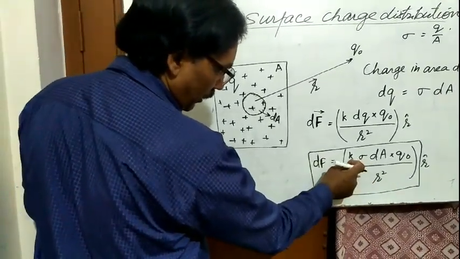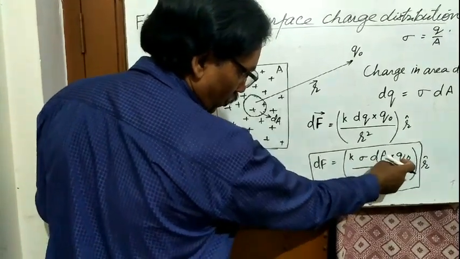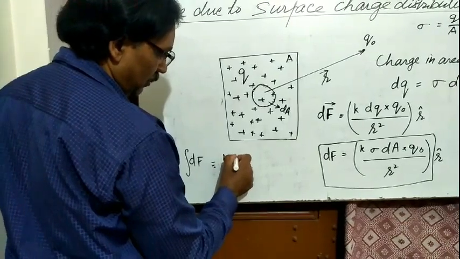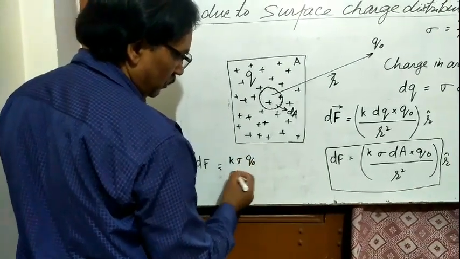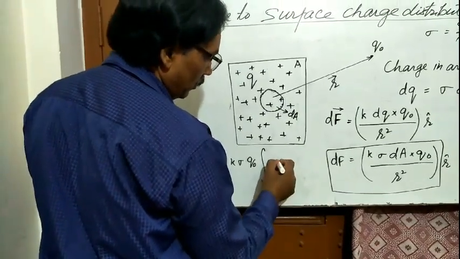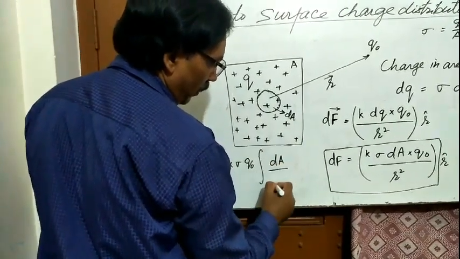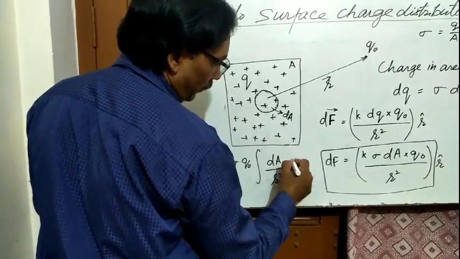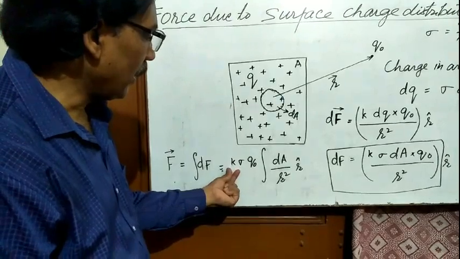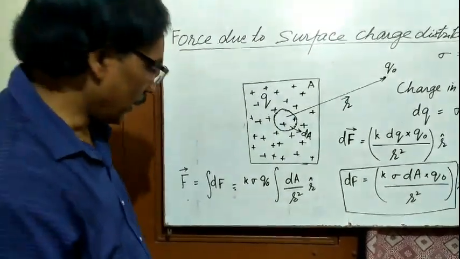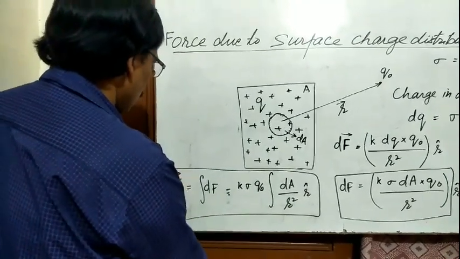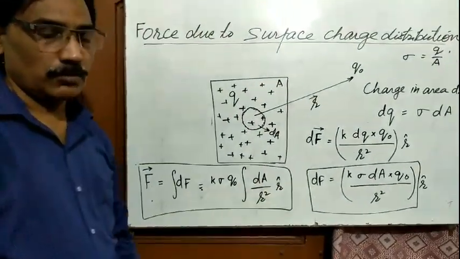You can take K sigma Q naught common, and the integral of dA by R square R prime. Clear? You can put the value of K as 1 by 4 pi epsilon naught. So this is the force due to surface charge distribution.